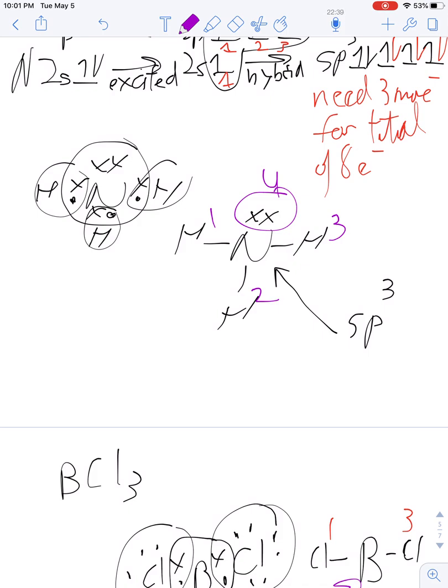So my hybridization is s, and it's got to equal 4. So how many p's must I have? 3. Okay?